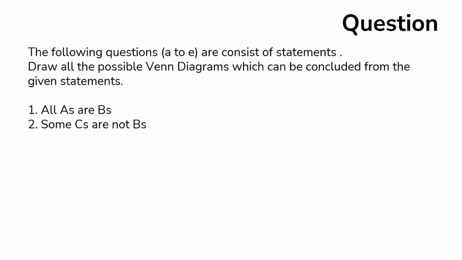Yes, guys. So the diagram for this: all A are B. So A is inside and B is outside. Some C's are not B. In that case, the diagram will have some B and C connected. So either this is possible, or else all A are B and some C's are not B. So that is possible.